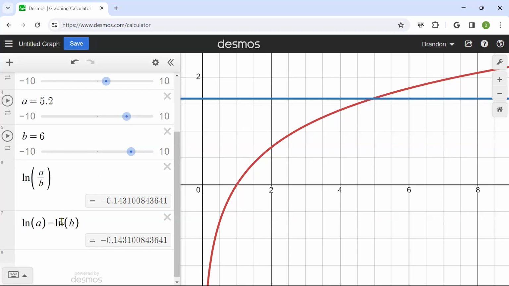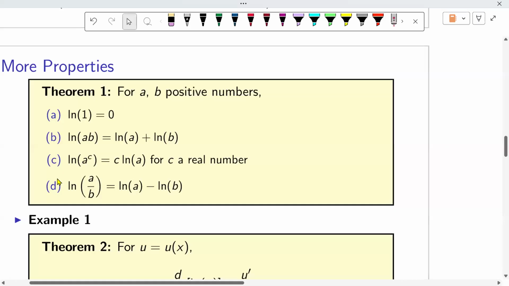You should be thinking to yourself that natural logarithm does something weird to multiplication. Here I am multiplying a and b, and then here I'm adding things. It converts multiplication into addition, and it converts division into subtraction. It's kind of a weird function when you first encounter it.